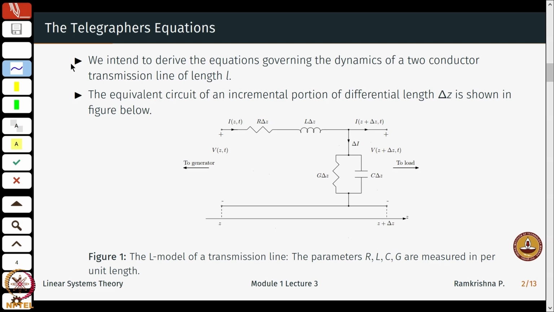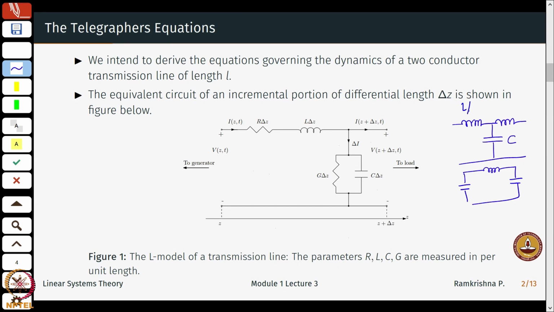We had several models, right? We had something called the T model approximation, which was something like this. Okay, I just ignore the dissipative elements here. We also had something called the pi model, right, which was maybe something like this, where the entire capacitance was clubbed into just one single capacitor.